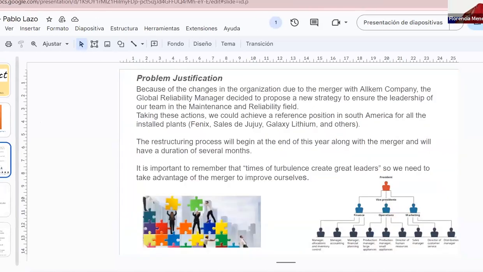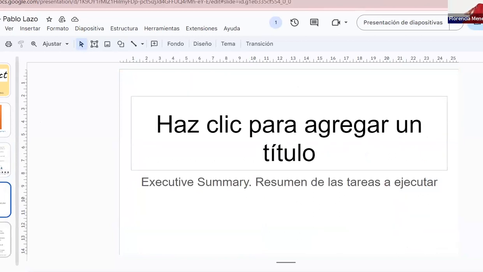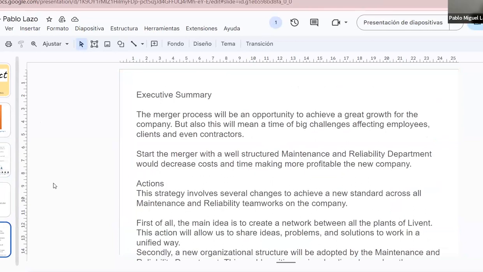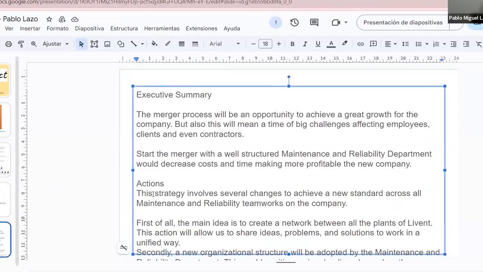Yeah, perfect. It looks great. And for the summary, I just wrote two paragraphs, and then the actions are not completed properly. But you try to explain the skeleton, the basic structure. That's great.